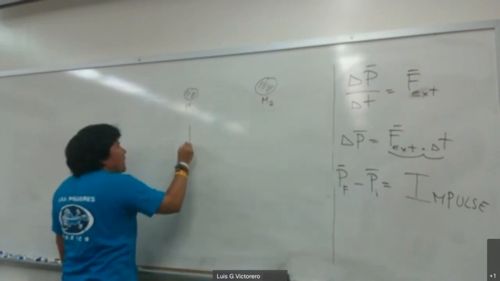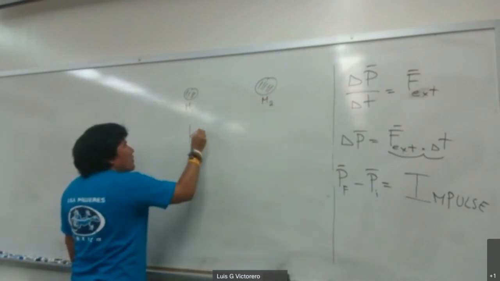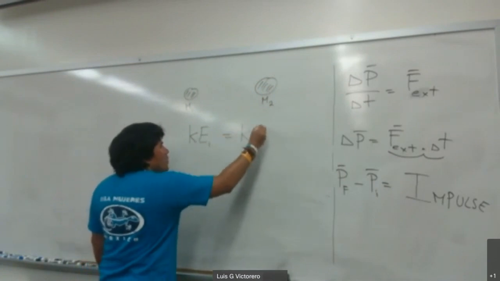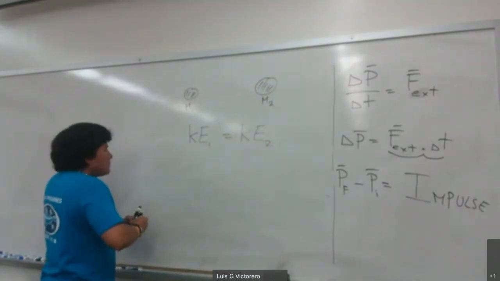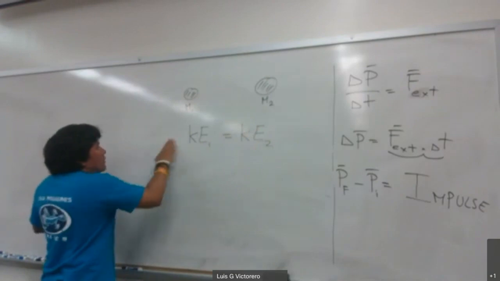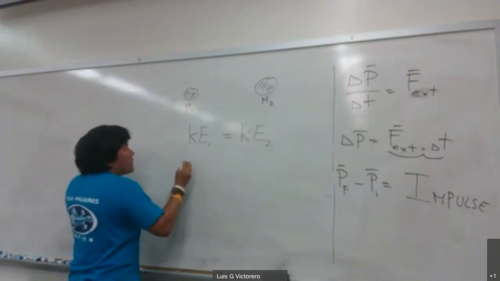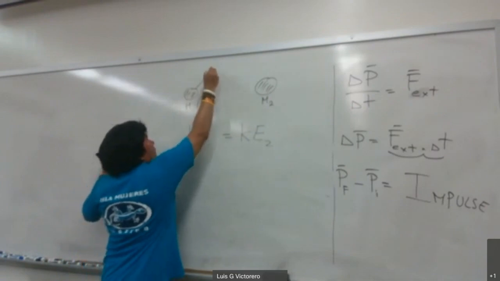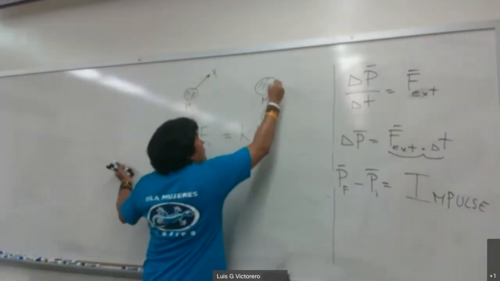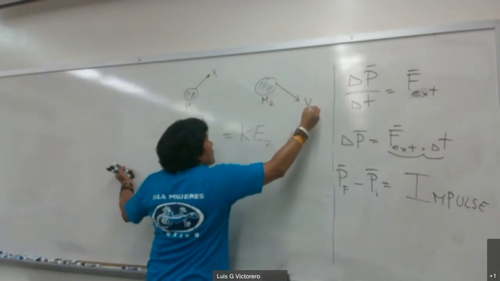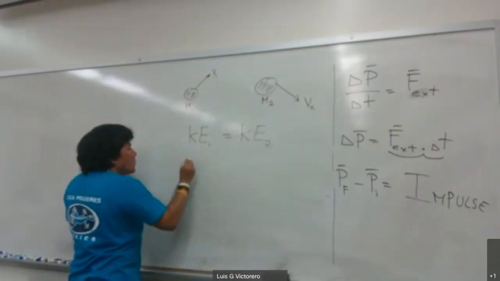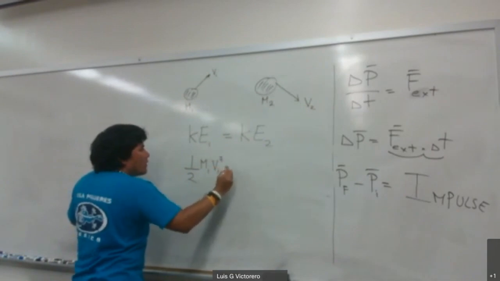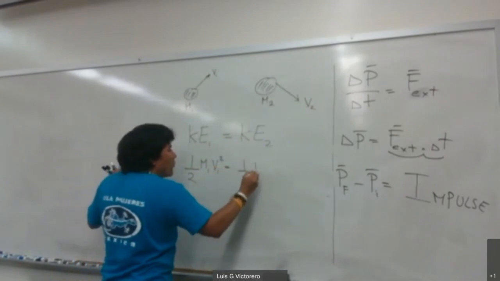We say that kinetic energy of 1 is equal to kinetic energy of 2. But kinetic energy of 1 is 1/2 m1 v1 squared equals 1/2.